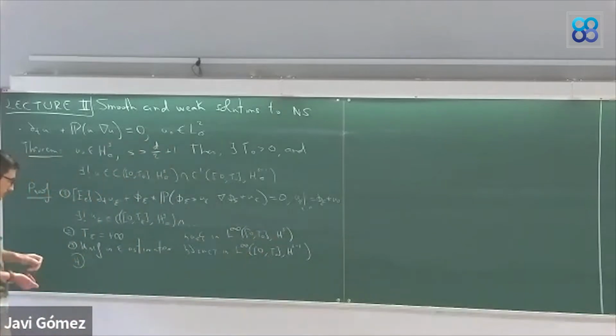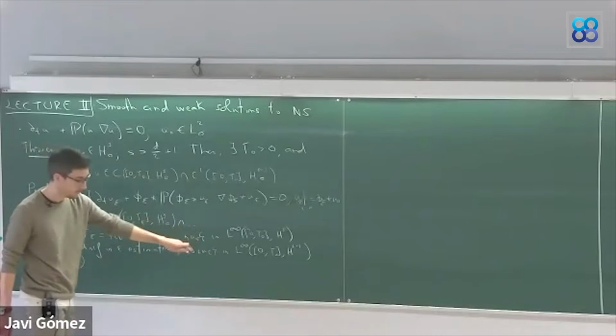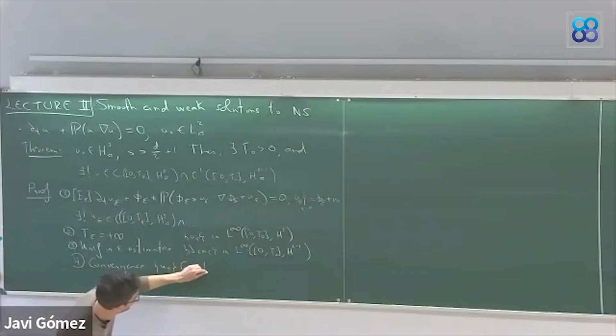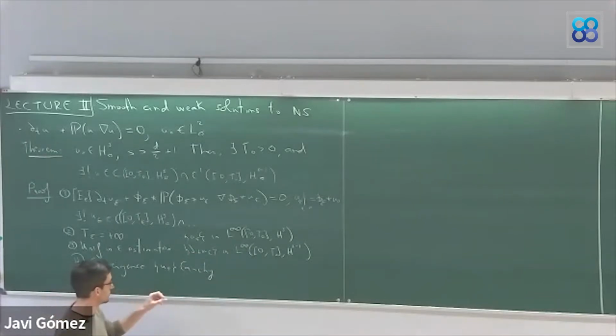Because of this uniform estimate, we prove a strong convergence by showing that the sequence was Cauchy, and we prove that it's Cauchy in a lower regularity space, which together with weak convergence in the high regularity was enough to do step 5 that we didn't do, and we have to do it now, that the limit object actually solves the equation.